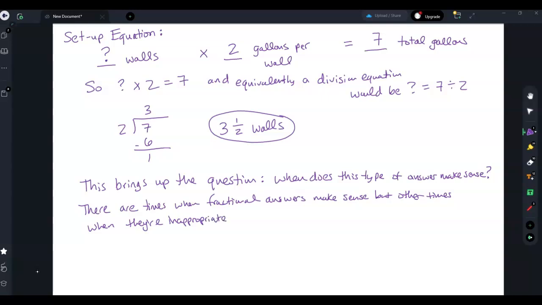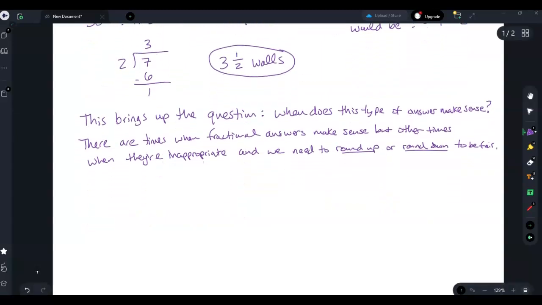And when that happens, we need to either round up or round down, depending on the story problem, in order to be fair, in order to make it make sense. So let me give you a couple more examples.